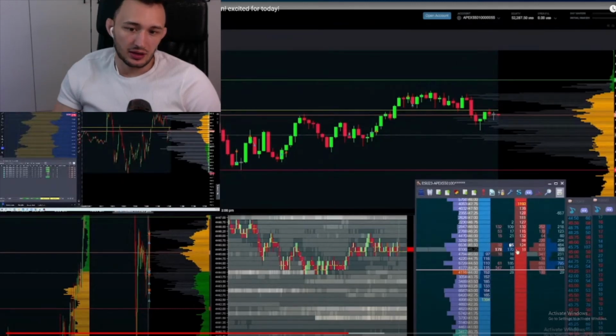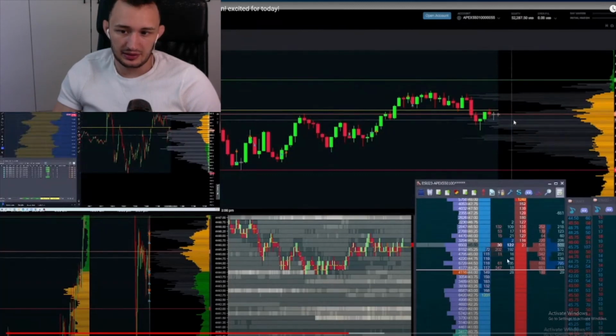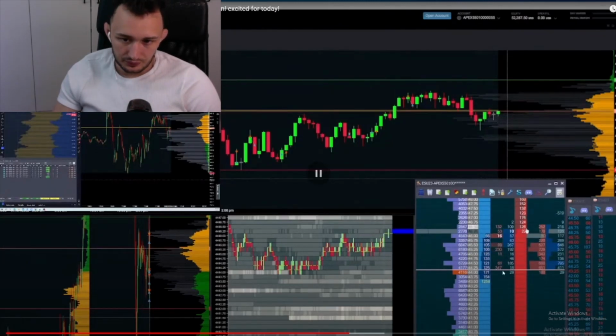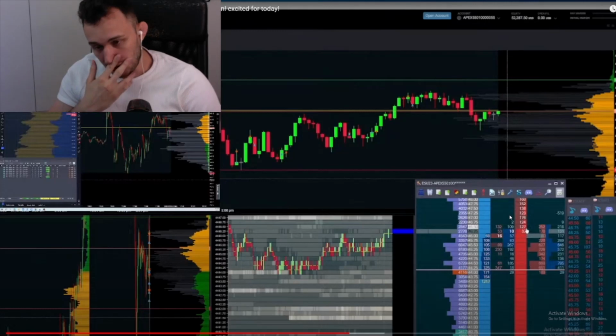So there you want to see a lot of back and forth action between buyers and sellers, which we do see. So this is very much looking like a range. And now we're getting to the top of the range.